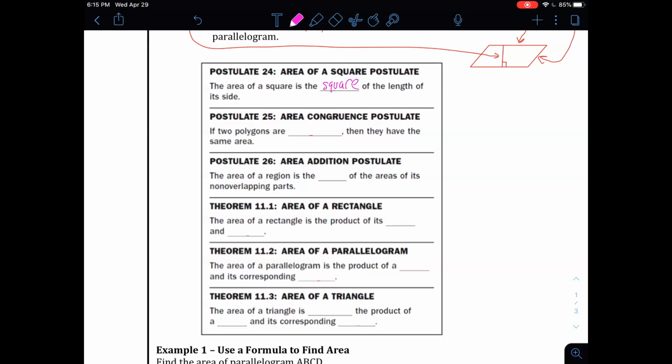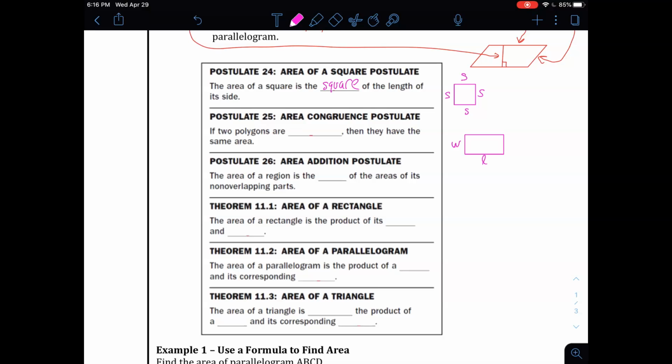So, if we have a square like this, and we have a side length of S, and these are all S, how could we write the area of a square? Hopefully you remember for a rectangle it was length times width.